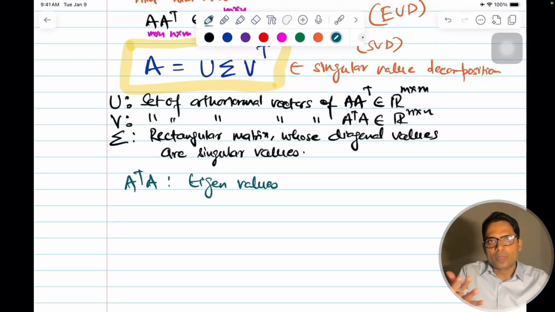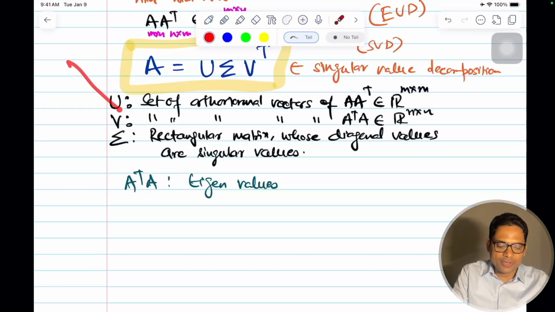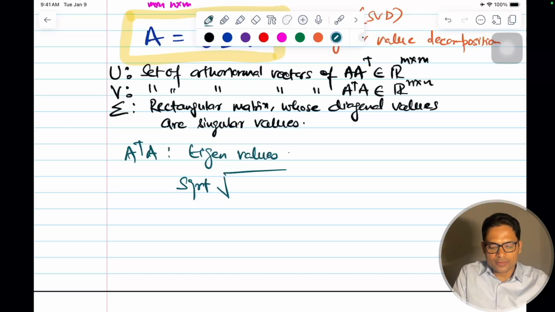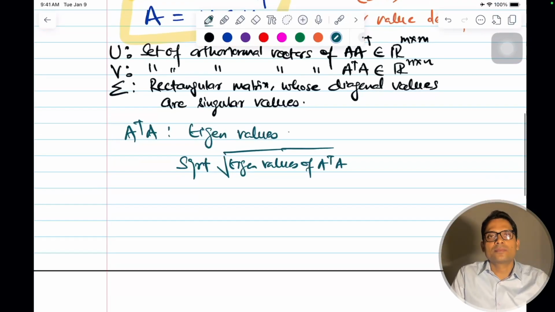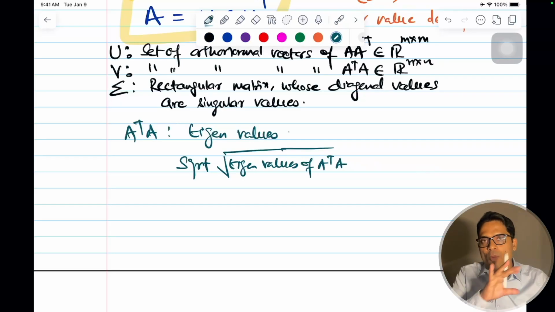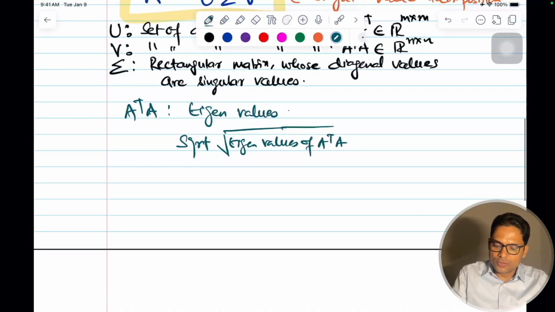Even in eigenvalue decomposition, we saw that it will give me the variance. The variance is nothing but a square unit, right? So if I take the square root of all these eigenvalues, whatever we have, eigenvalues of A transpose A or A A transpose, both will be the same, the common values will only come.